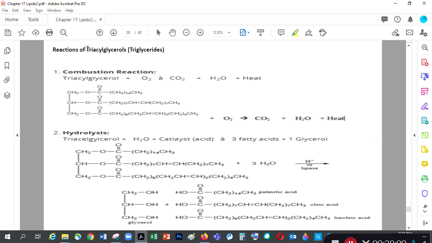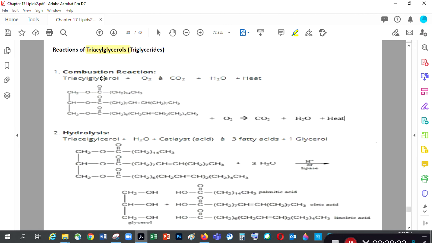Remember, this molecule is an ester. Triglycerides are esters, so we can expect them to react as esters as well.